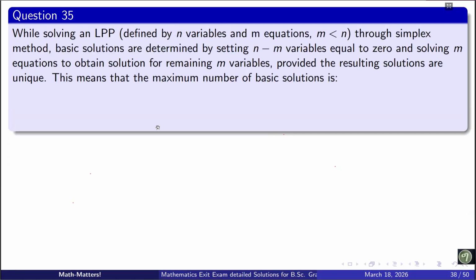Okay, next. While solving a linear program defined by n variables and m equations, whenever m is less than n, through the simplex method, basic solutions are determined by setting n minus m variables equal to 0 and solving the m equations to obtain a solution for the remaining m variables, provided the resulting solutions are unique.